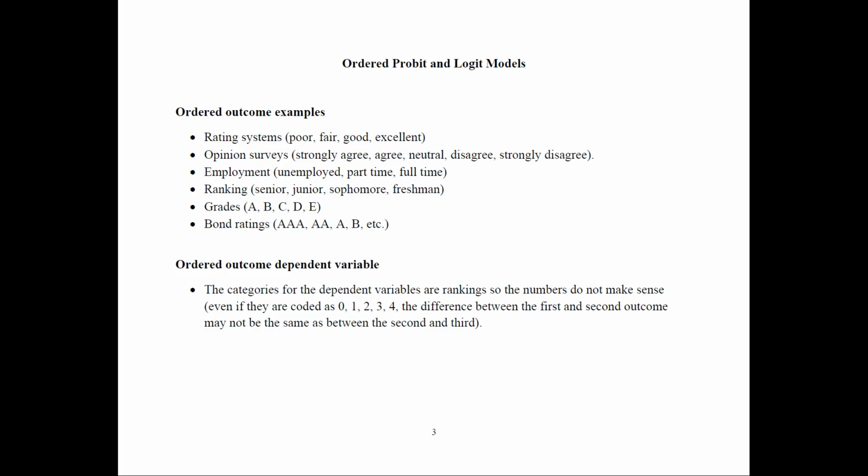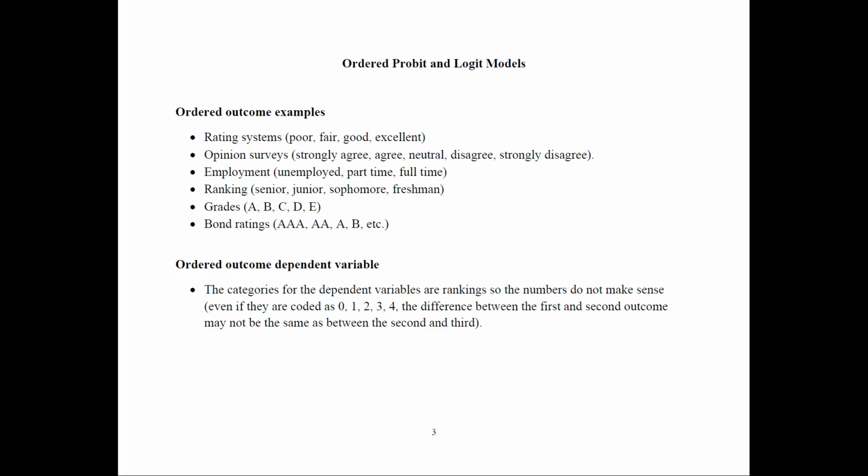Now, one very important thing is that because the dependent variable would be a ranking, we typically need to provide it a code or a number, because the statistical software needs to know which one is higher than which one. You may know that A is higher than B, higher than C, and so on, but the software wouldn't know that. So we typically code the dependent variable as 0, 1, 2, 3, 4, or 1, 2, 3, 4, and so on. But the numbers don't mean anything, because the difference between the first and second outcome may not be the same as the difference between the second and third outcome.